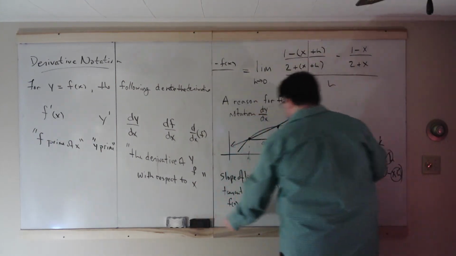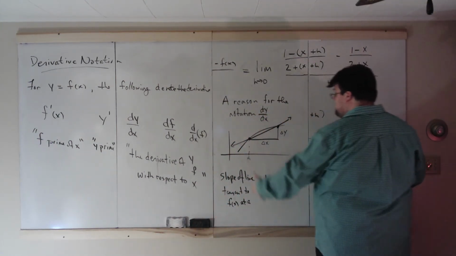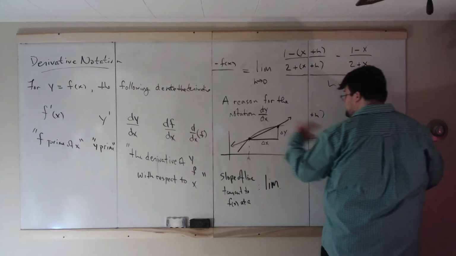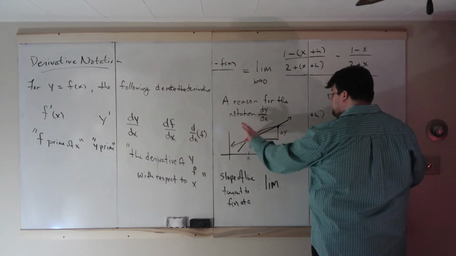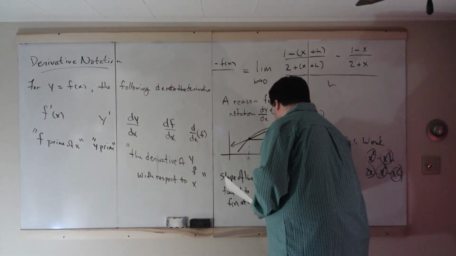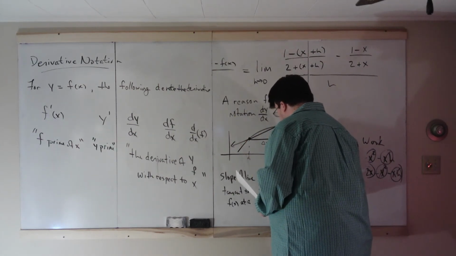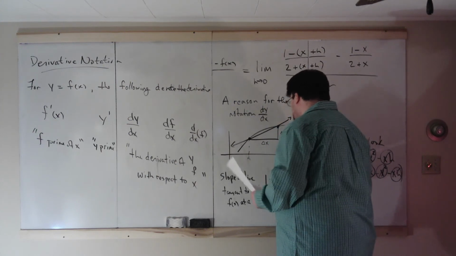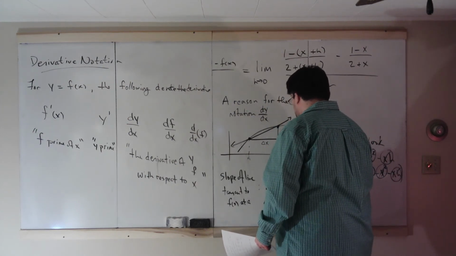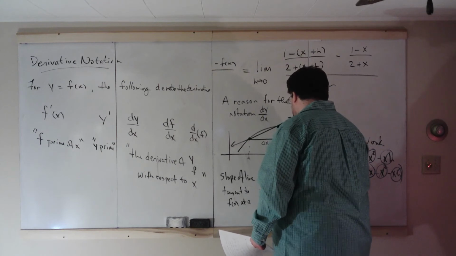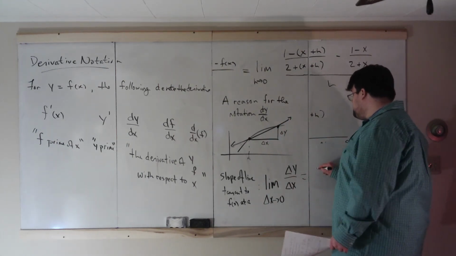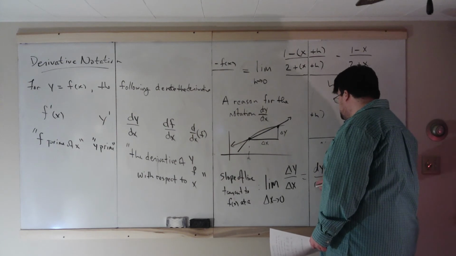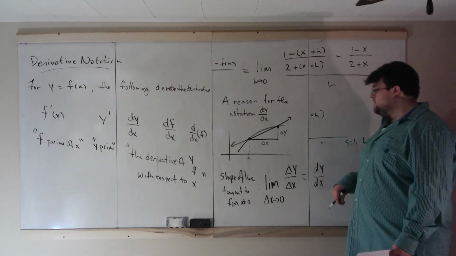Which limit? x is the quantity we can control. It's the variable we're taking the derivative with respect to. So we can let this delta x quantity go to 0. The limit as delta x goes to 0 of the slope of the secant line, delta y over delta x. And this notation is simplified as a lowercase dy over lowercase dx.